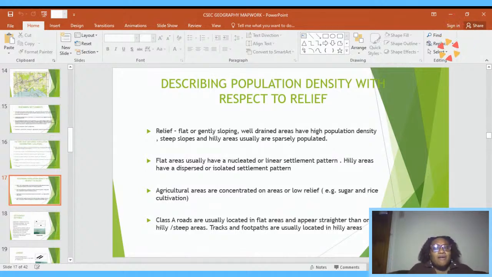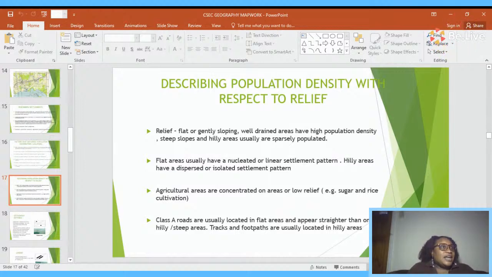So we're moving on. When you're describing population distribution, it goes hand in hand with density. And because of that, we tend to see relief being flat, or gently sloping land, having higher population densities, whereas hilly areas or areas that are very steep tend to have lower populations.